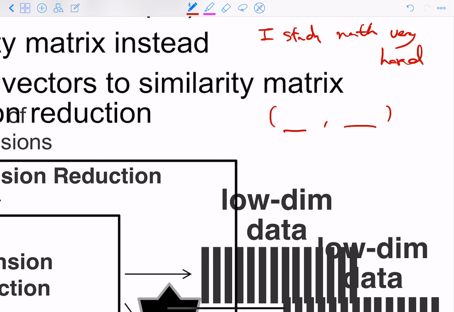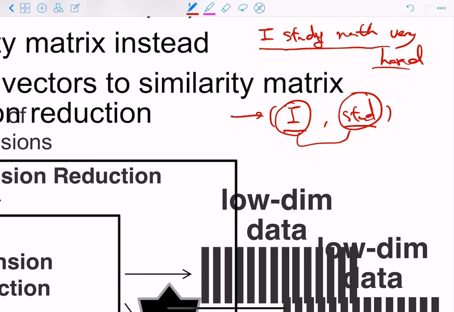In this case, we put I and study. So we basically choose any two words and form this input and output. It means I and study have some sort of similarity because they co-occurred in the same sentence, right?